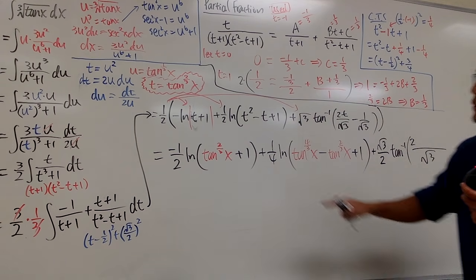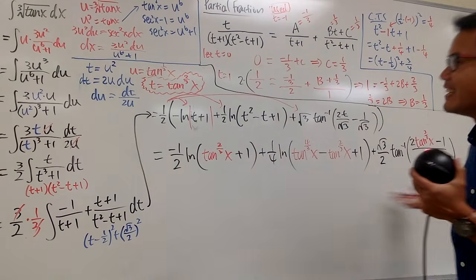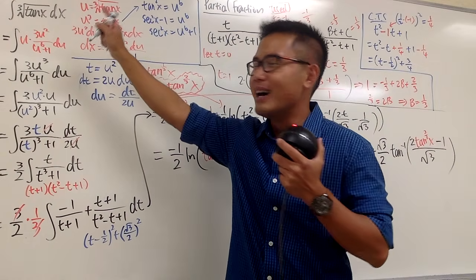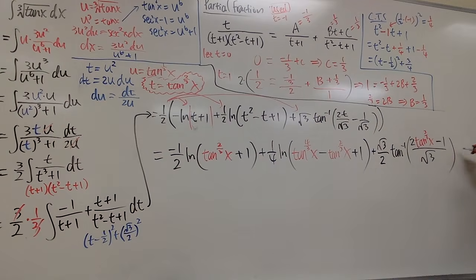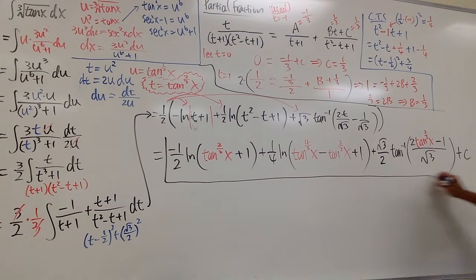And then this t, which is the same as that, so I'll put down tangent to the 2/3 x, and then we have the minus 1 after that. Oh my god, this right here is the answer to the integral of the cube root of tangent x. We are all done. We put plus c. This is so satisfying, right?